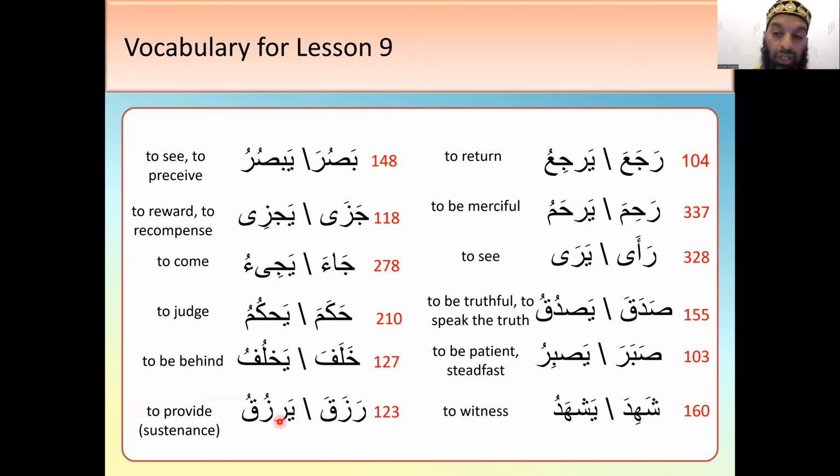Razaqa yarzuqu. Razaqa, to provide. Yarzuqu, he provides. So he provided, he provides. Look at the numbers: 148, 118, 278, 2 and 10. رجع يرجع, return. It starts with a r. 104. رحم يرحم. يرحمك الله.